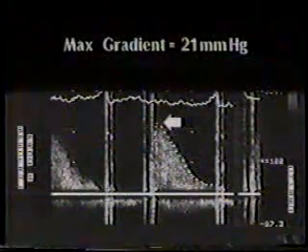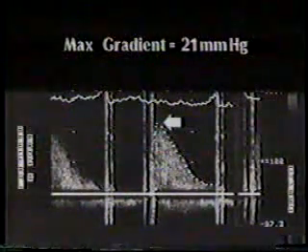She is in atrial fibrillation, so we find an early velocity peak without a late atrial peak. The calibrations are 1 meter per second. The peak velocity is 2.3 meters per second, which yields a peak gradient of 21 millimeters of mercury.